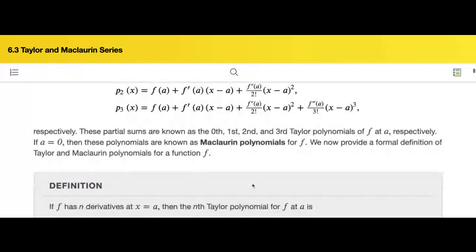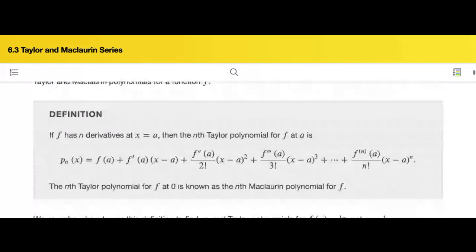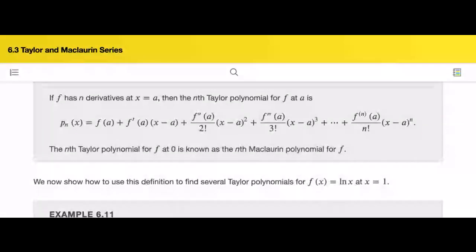So we now provide a formal definition. If f has n derivatives at x equals a, then the nth Taylor polynomial for f at a is this. So P represents a polynomial, right? So Pn(x) equals f(a) plus f'(a)(x minus a), plus f''(a) divided by 2 factorial, (x minus a) squared, plus f'''(a) divided by 3 factorial, (x minus a) cubed, plus and so on until the nth order.